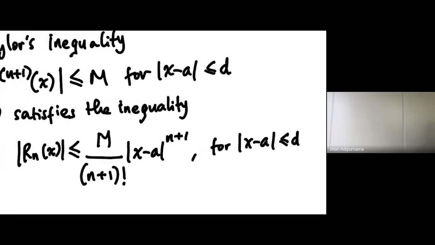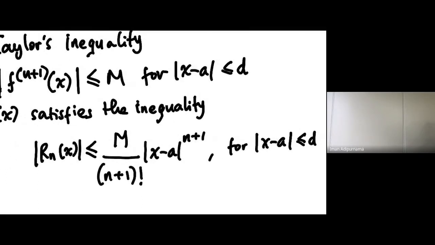So what it means is if we can make some assumptions, using some distance d and some M that we can compare. If you can prove that the remainder is always less than this value, then the limit of Rn is satisfied, and our assumption at the very beginning is true. Okay.